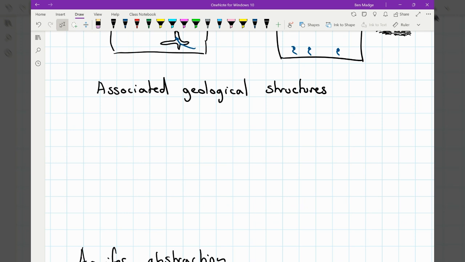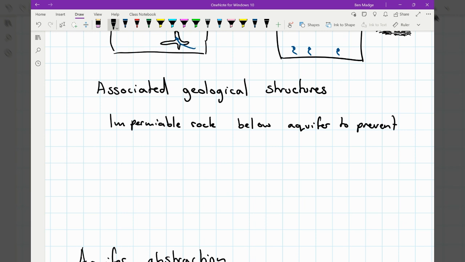So we need to have impermeable rock below an aquifer to prevent water escaping.